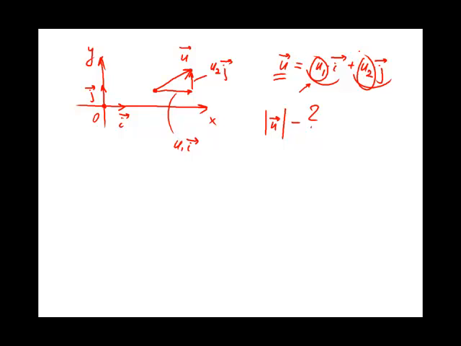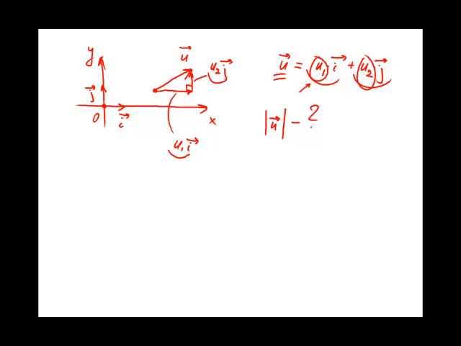Look at this triangle. Do you see that this is a right triangle? Yes? Because the vertical and the horizontal components, these two vectors, are perpendicular to each other because they are proportional to i and j.